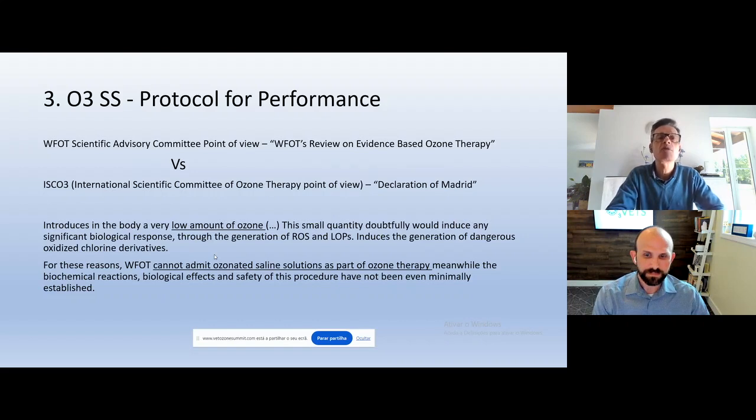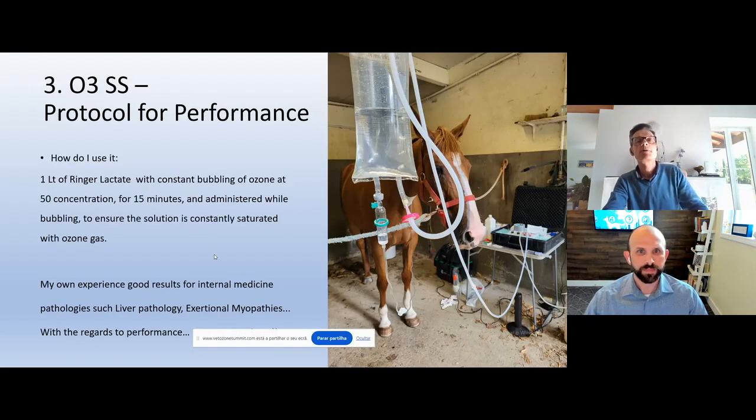Nevertheless, the World Federation criticizes heavily this use because they say it's a very low amount of ozone. It generates dangerous oxidized products, and so it cannot be considered ozone therapy. I just leave you this as a topic for discussion.